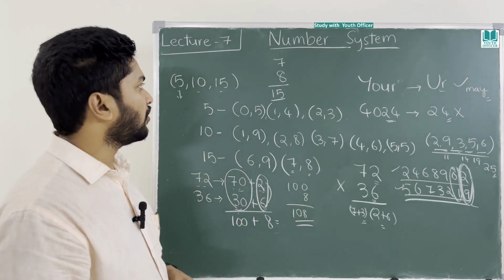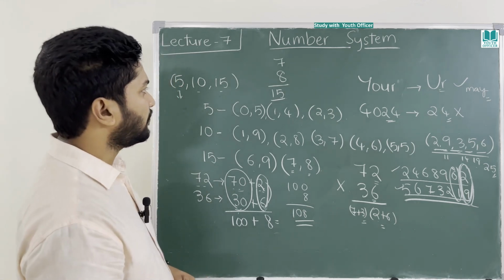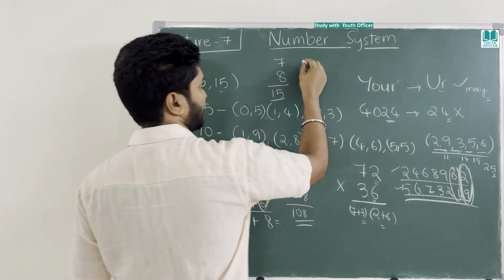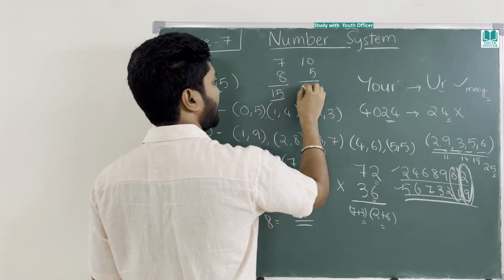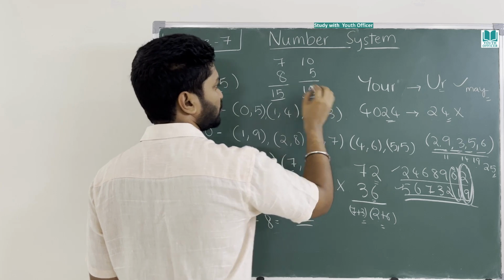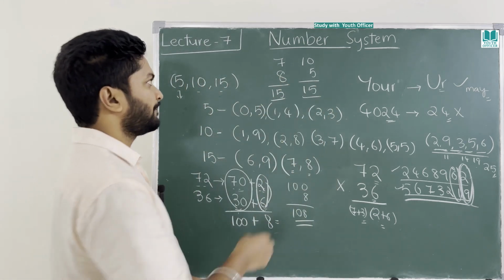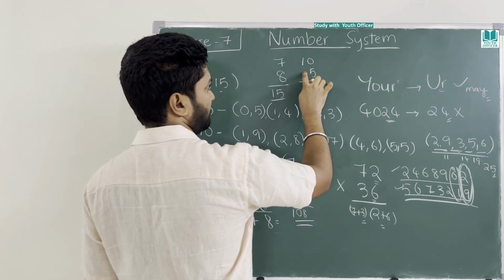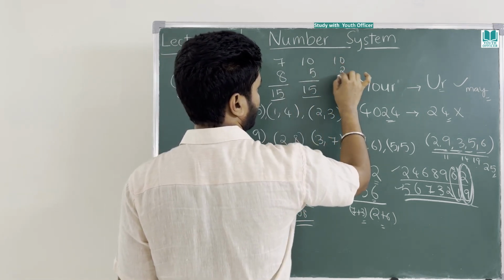Right? If you don't know the combination, then it will not become 15. There is one more way. If I write 10 here and 5 here, and if I add, it is so soothing for the brain to do this calculation, right? So 10 plus 5 is 15, or 10 plus 2 is 12.